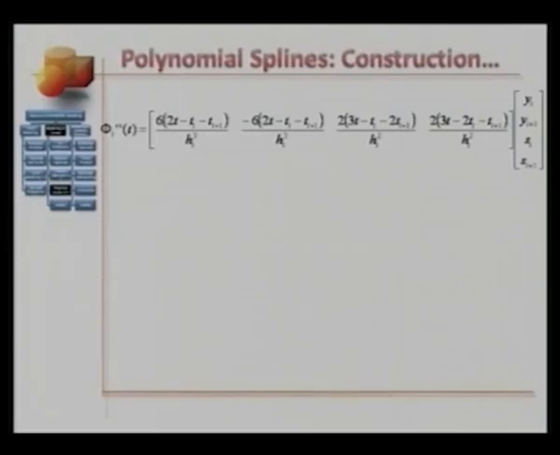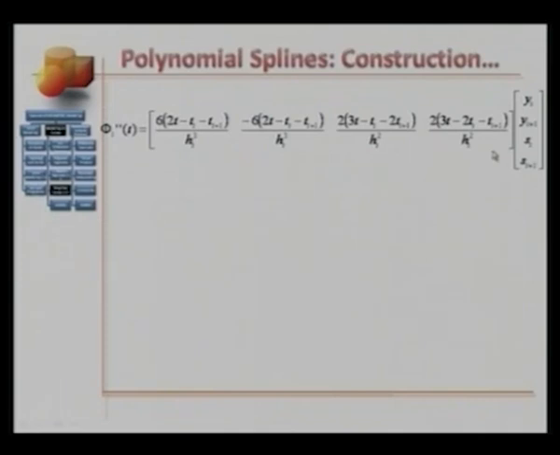You'll have to bear with me here because the math is really quite involved. Let's continue. If you work out and simplify the math, you'll have the second derivative of the ith cubic segment written as 6 times (2t minus ti plus 1) over hi cube, minus 6 times (2t minus ti plus 1) over hi cube, 2 times (3t minus ti minus 2ti plus 1) over hi squared, and 2 times (3t minus 2ti minus ti plus 1) over hi squared.